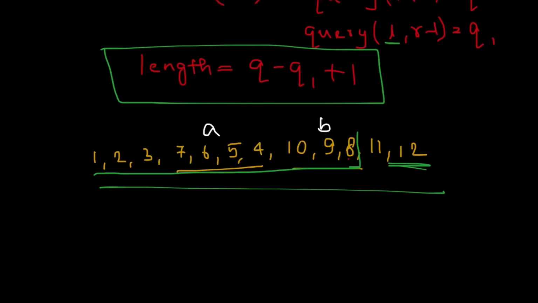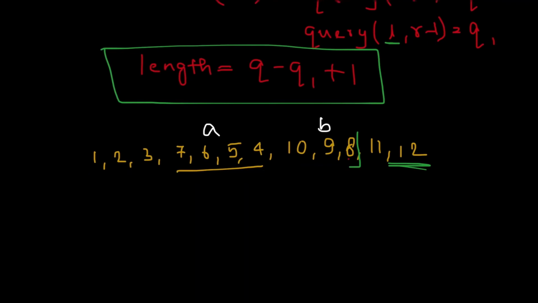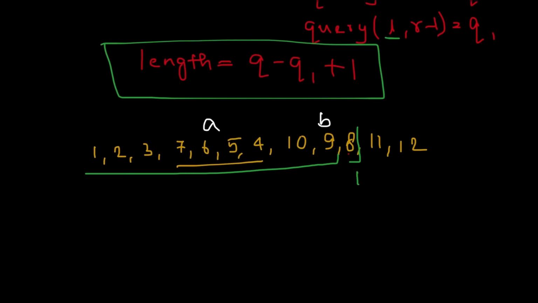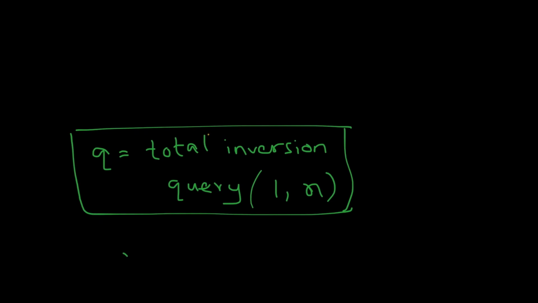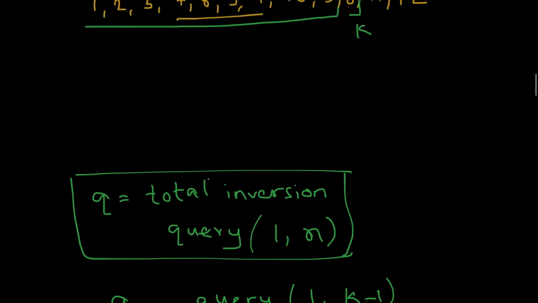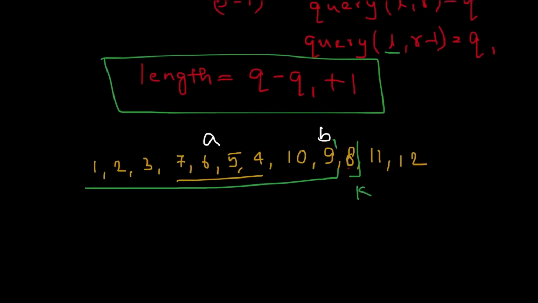Now, if I could somehow find this location, I will do a query for the previous part, because we had an observation that if we could find the output for the previous one also, then we can calculate the length. Now, let's say I do a query for this part, and I have already known k. I could find k by some process. So I'll do another query q1 that will be query of 1 to k minus 1, because I'll go to the previous position, up to this position only.